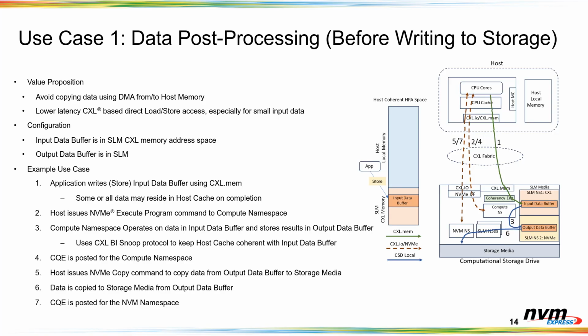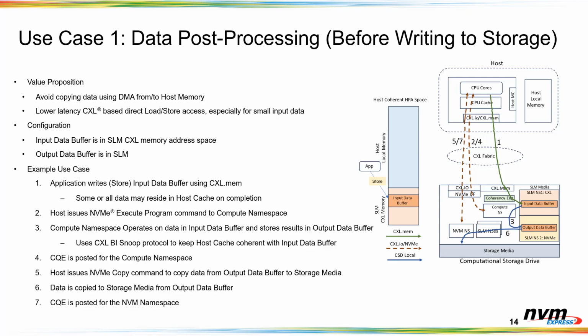All right, now taking a step back after having walked through that picture, we can start looking at this first use case. What we have here is a data post-processing example before we write to storage. In other words, we're going to move the data into the drive, perform some operation on that data, and then store it into the persistent media of the drive.